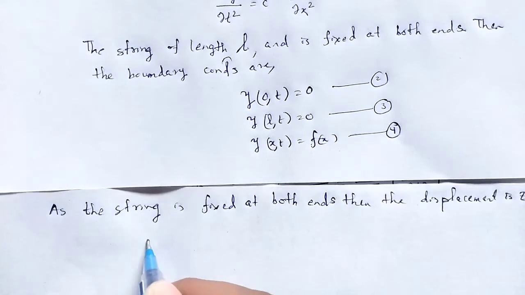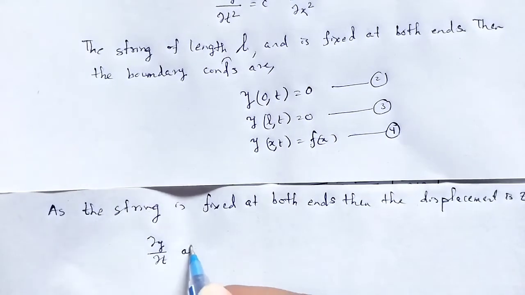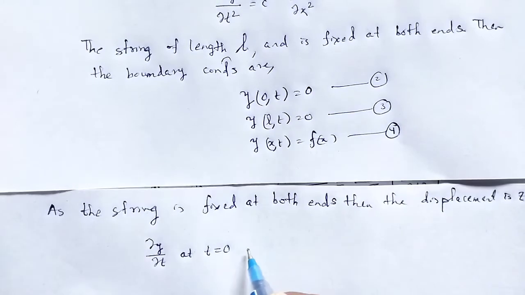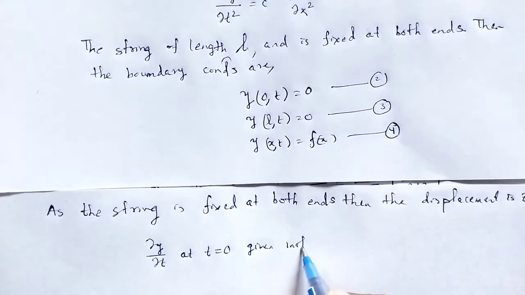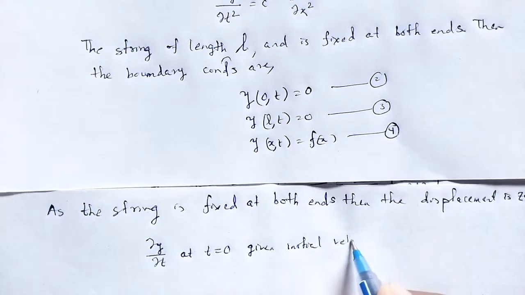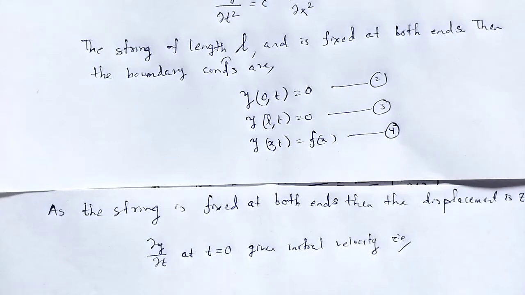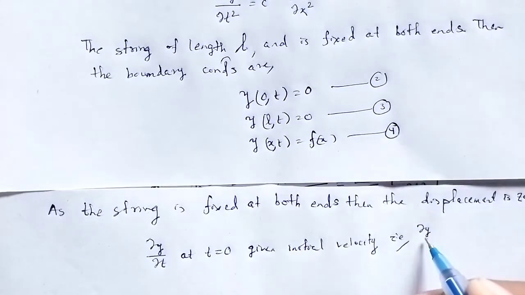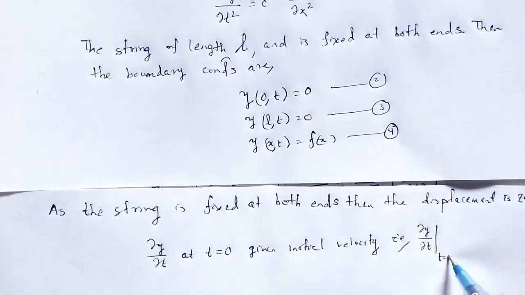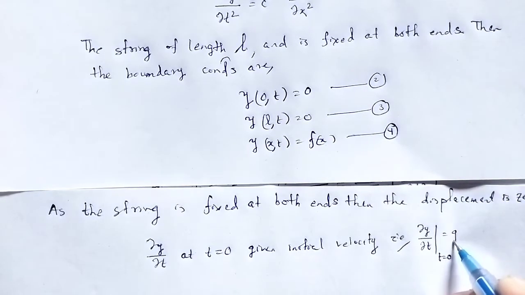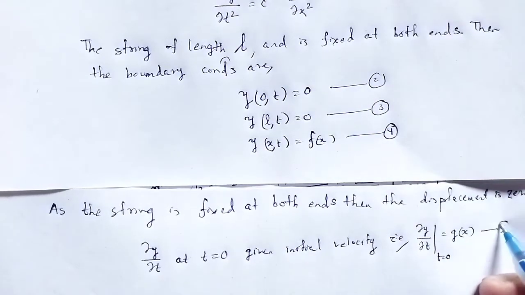Therefore, we can write del y by del t at t is equal to 0, given the initial velocity, that is del y by del t at t is equal to 0. Let me denote it as g of x, that is equation number 5.